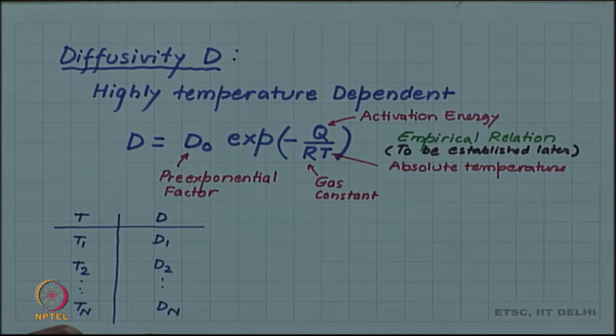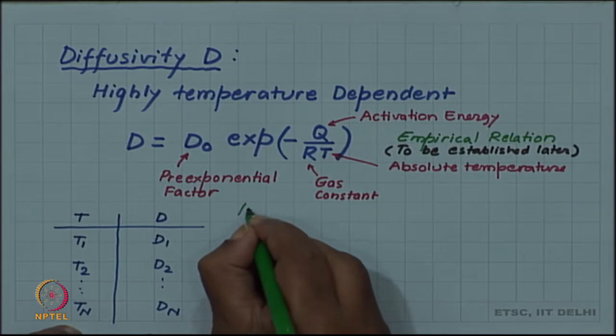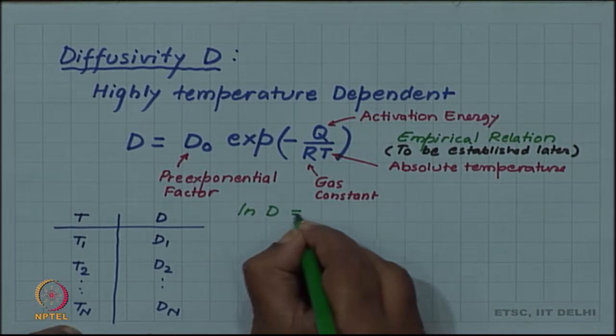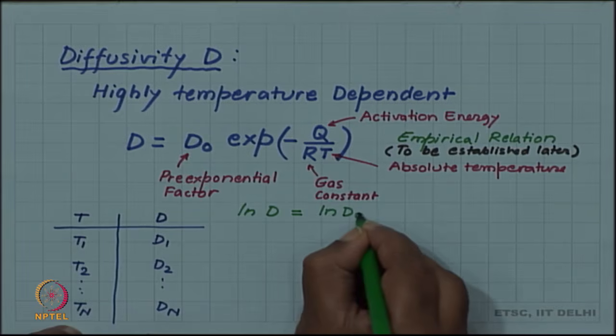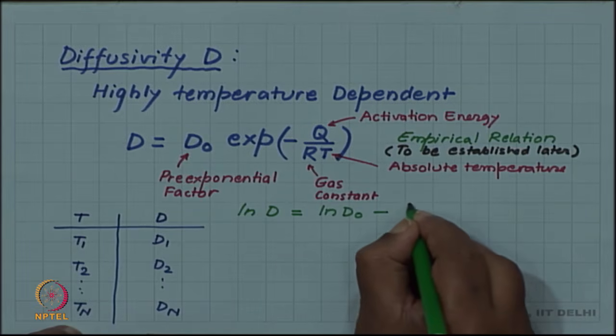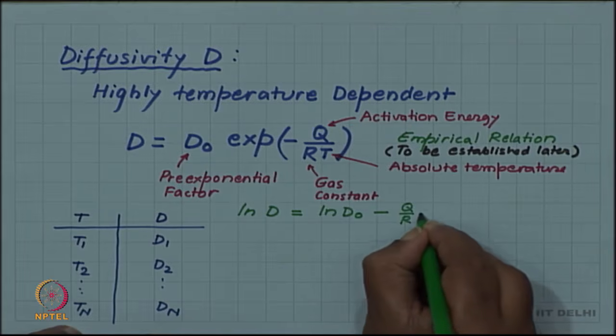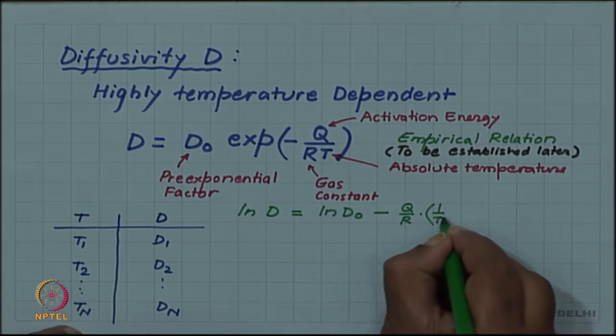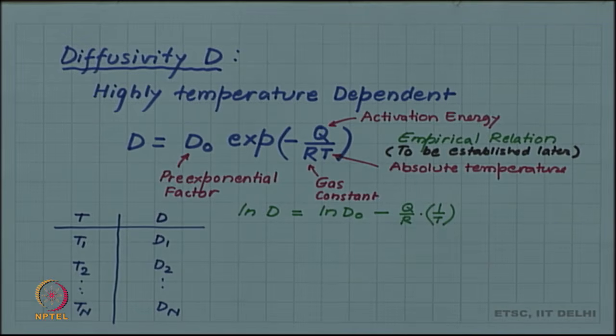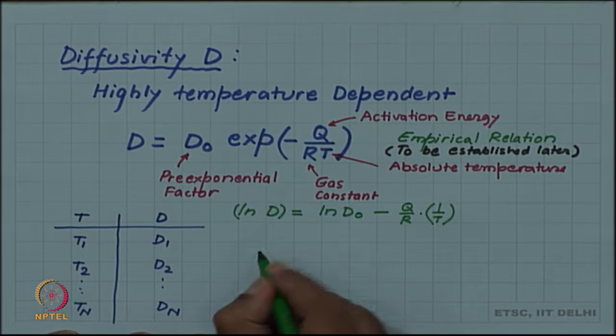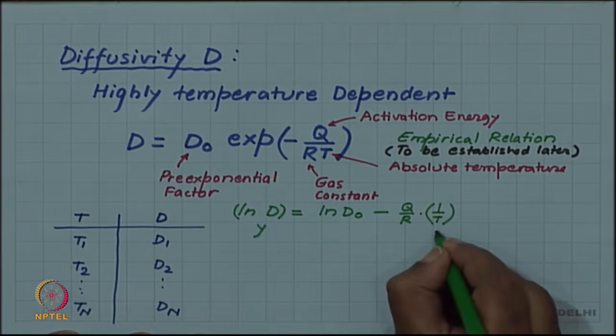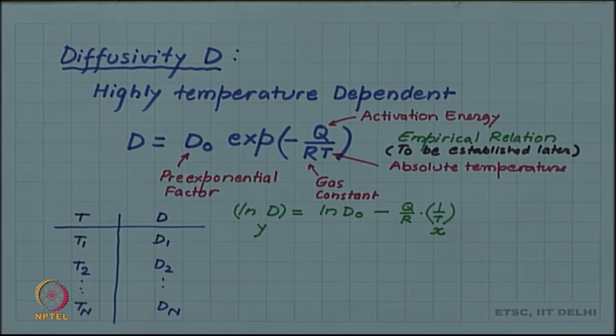If we take the log, then we will have log D is equal to log D naught minus Q by R times 1 by T. So, you can see that if I plot log D as my y axis and 1 by T as my x axis, then I should get a straight line.